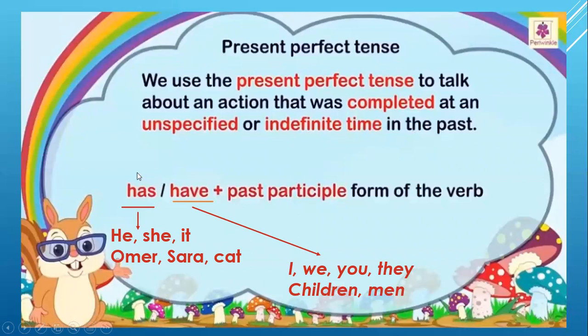Look, in the sentence, where you use has, it means when you are using he, she, or it, or a single person's name, Omar or Sarah, or a single animal, cat, rabbit, not cats. If there is only one cat, then you use has.